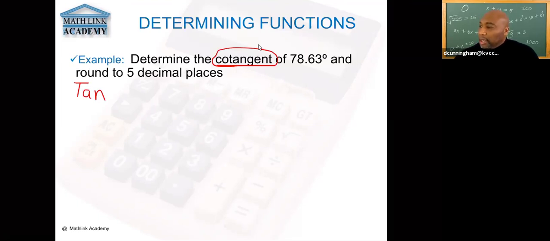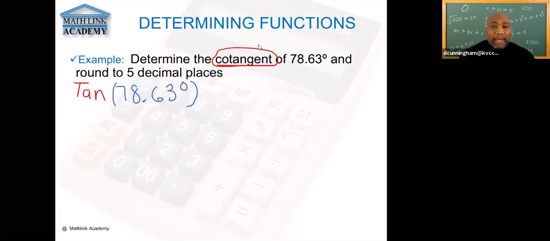I'm going to use a different color so we can see what we have here. First, you're going to find the tangent of 78.63 degrees. Notice the angle is already in decimal degrees, with no minutes or seconds, so you can use those degrees directly. First find the tangent of that on your calculator.